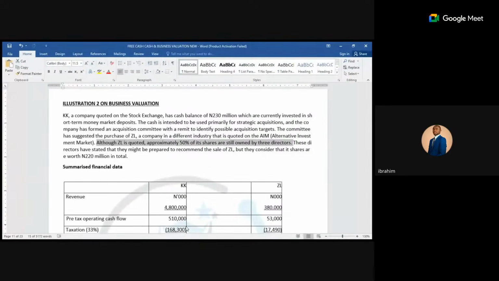In this case, 50% of the shares are still owned by the directors. Now, these directors have stated that they might be prepared to recommend the sale of ZL.